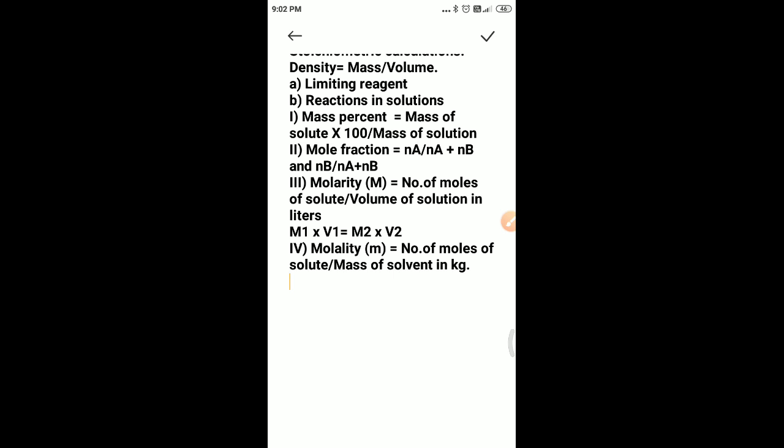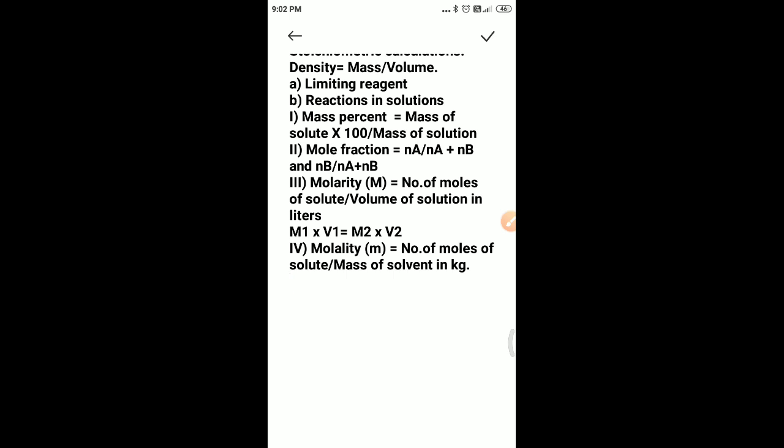Okay, so here we have one question. Calculate the molarity of NaOH in the solution prepared by dissolving 4 gram of it in enough water to form 250 ml of solution. We know that molarity is the number of moles of the solute divided by the volume of solution in liters. Here, mass of NaOH divided by molar mass of NaOH, divided by volume of solution in liters.